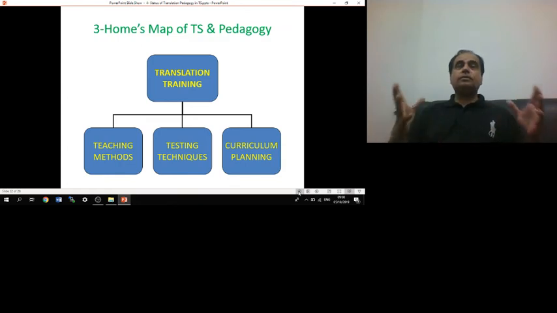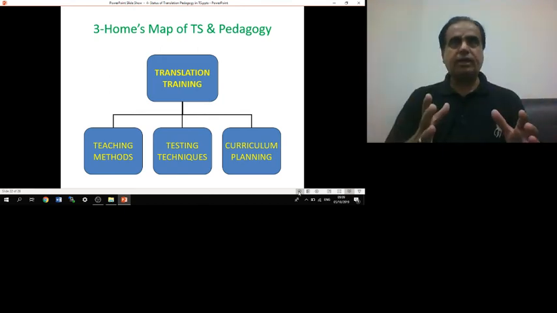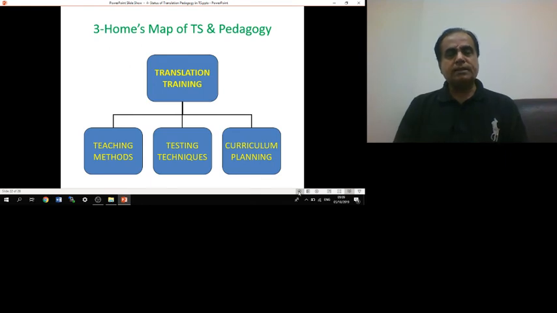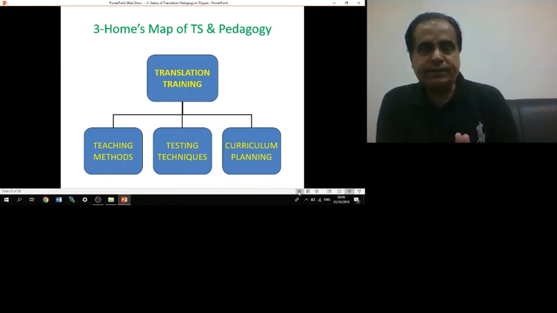So the point here is that we are now trying to relate the Holmes map to translation pedagogy. The number one point is that here is the translation pedagogy. Basically, the core of translation pedagogy lies in translation training.